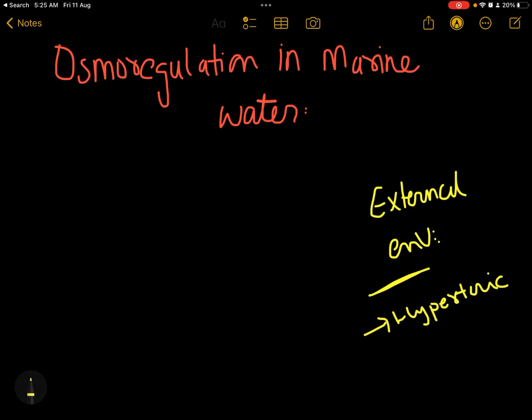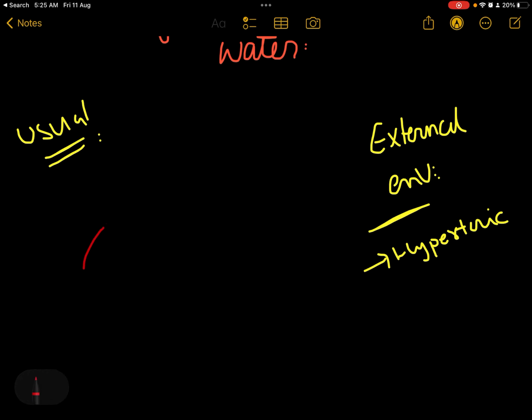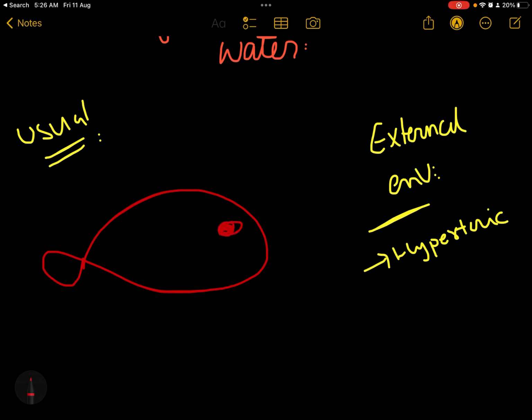Consider that in the usual condition we have a fish over here, right? It has an external environment that is hypertonic, but the internal environment is hypotonic.